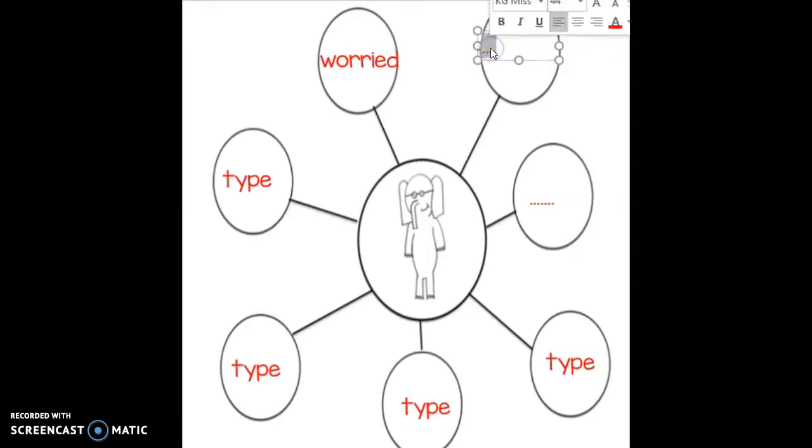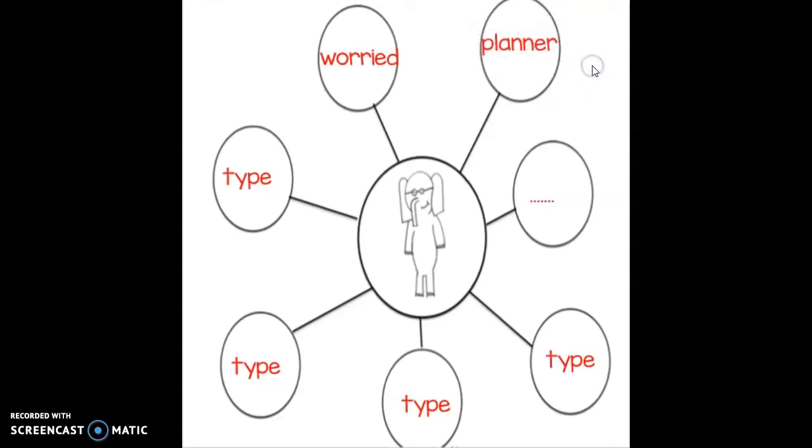Another character trait that I think Gerald has is he's a planner. He likes to make sure that everything goes a certain way. He wants to make sure things are done the right way and that he has things in case something was to happen. He likes to plan everything out, except getting a car.